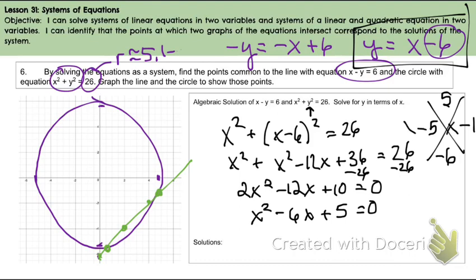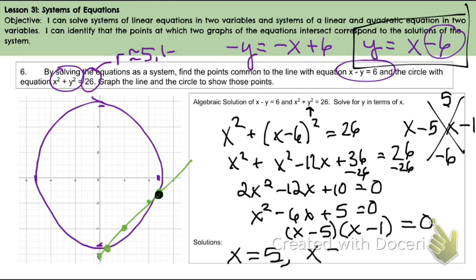So I have x minus 5 and x minus 1 equals 0. So my solution should occur when x equals 5, which is about right here, even with my hideous circle, and x equals 1. Wasn't pretty, but it's there. x equals 1 is about there. So I wasn't too far off.